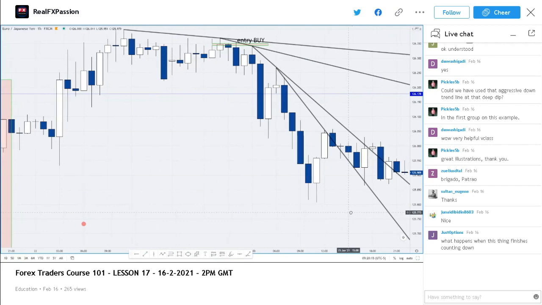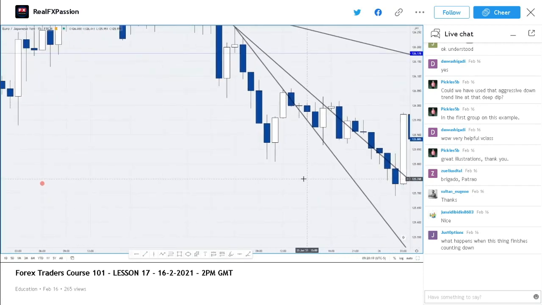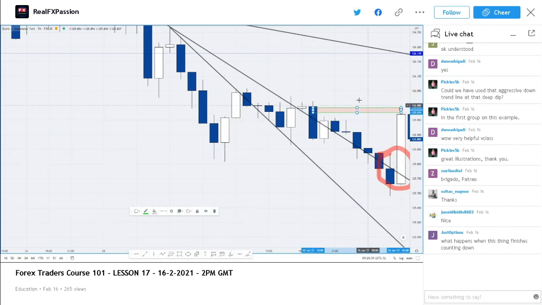It's breaking the counter trend lines, pushing down, and bam. So this would be our second entry. Here is the decision candle of the counter trend line break. So one more time, we are going to enter here. This is our entry. Okay, so text.